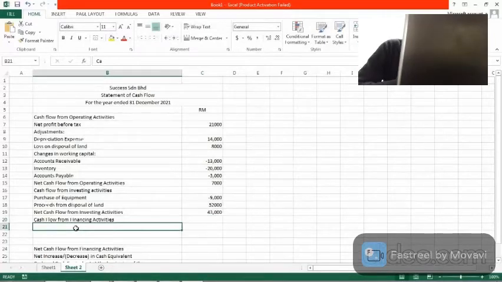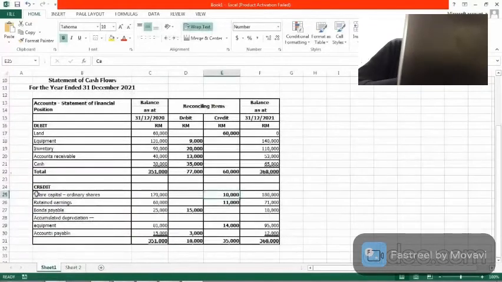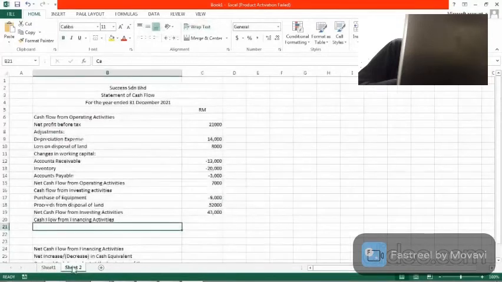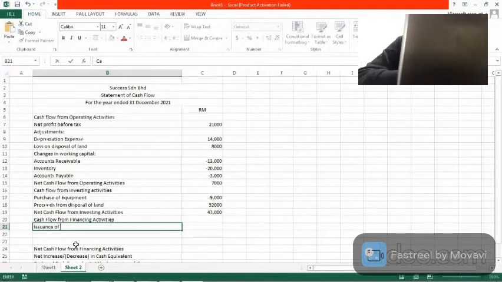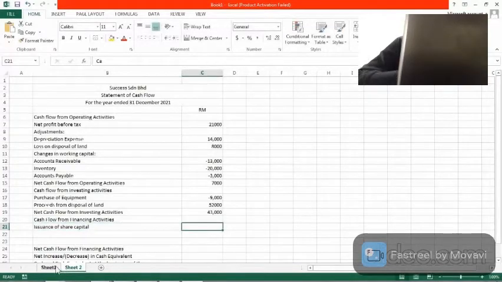Cash flow from financing activities indicates the net flows of cash that are used to fund the company. So here, since the share capital increased, it means that the company issued share capital. So here there is issuance of share capital, 10,000.